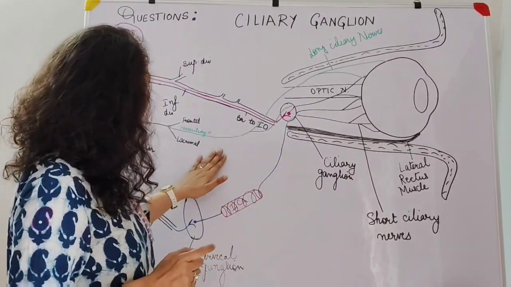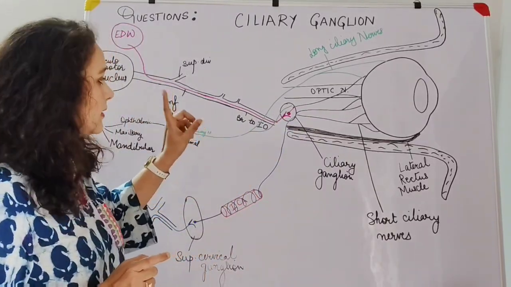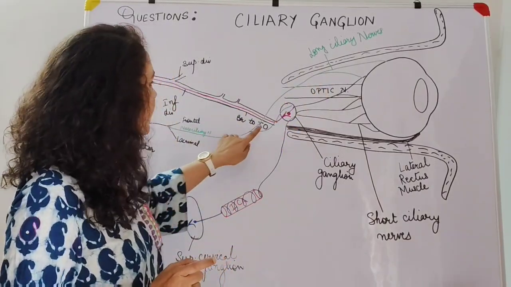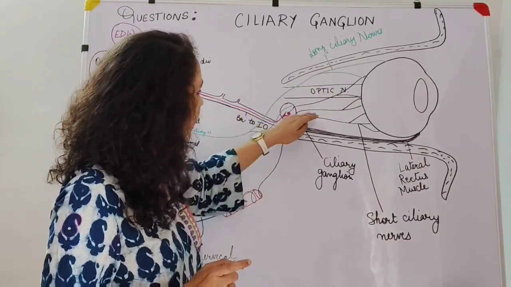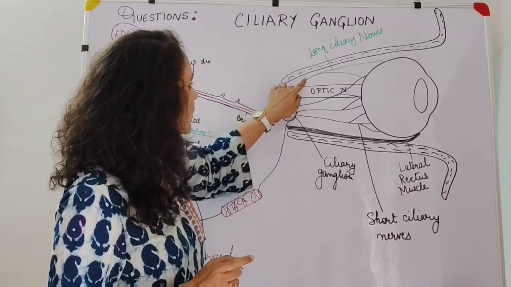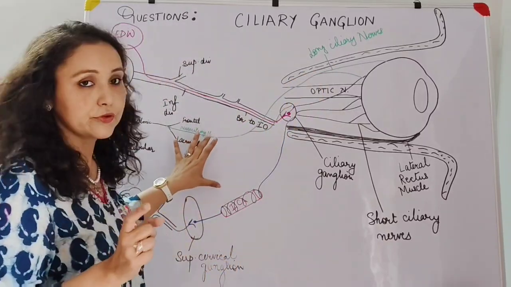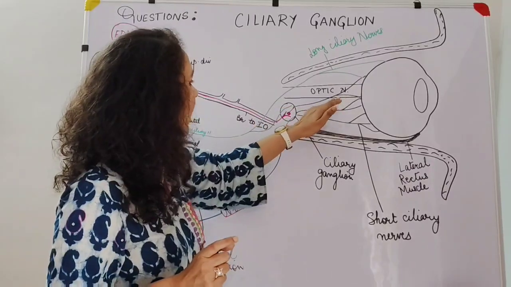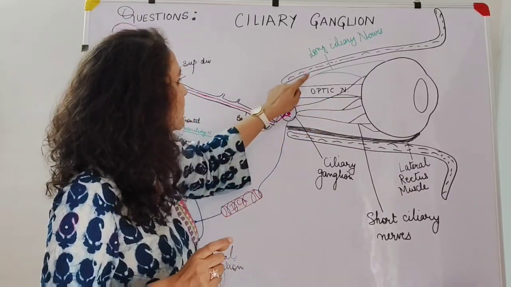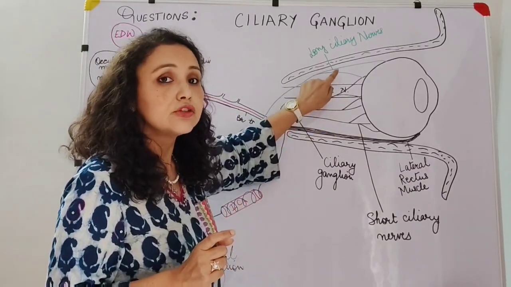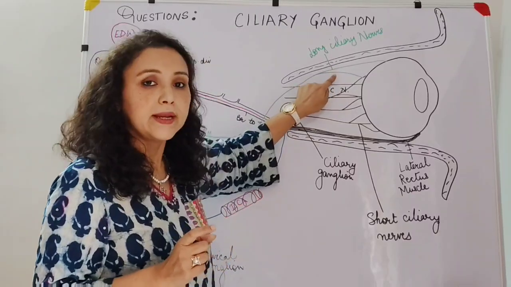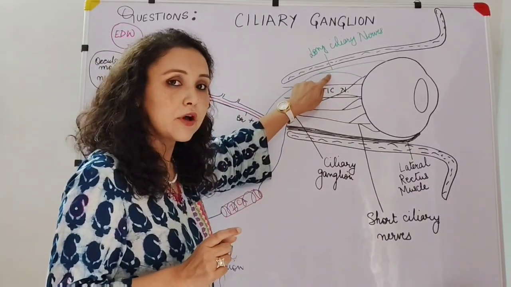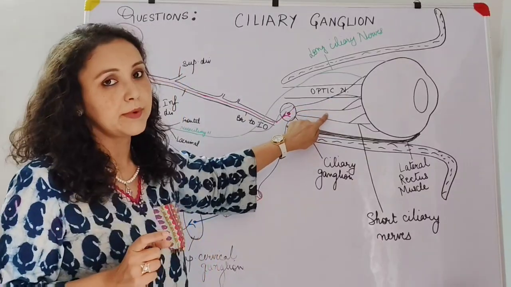Okay, and besides this, another important question is about these. I told you the nasociliary nerve goes without relay through the ganglion, and it also gives the long ciliary nerves. So another very important MCQ can be, the long ciliary nerves are branches of what, and short ciliary nerves are branches of what.